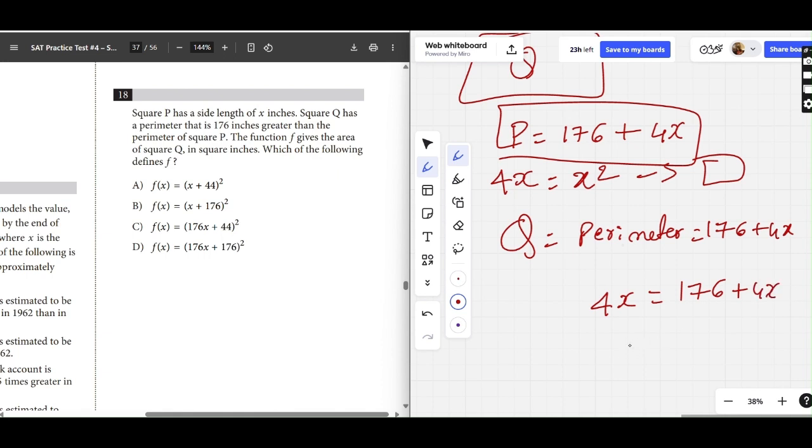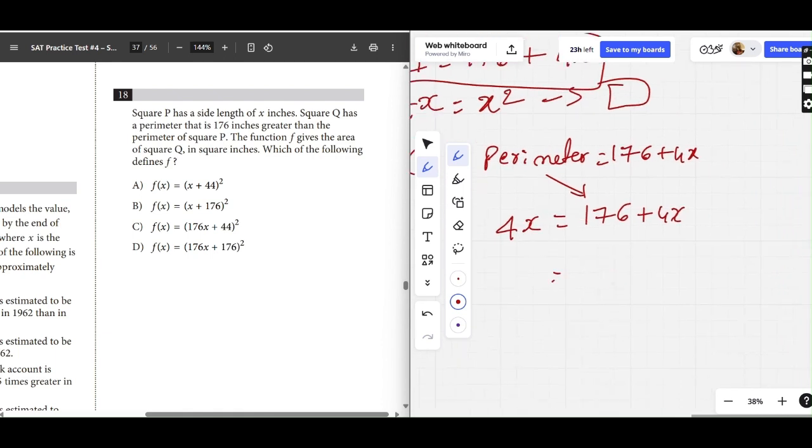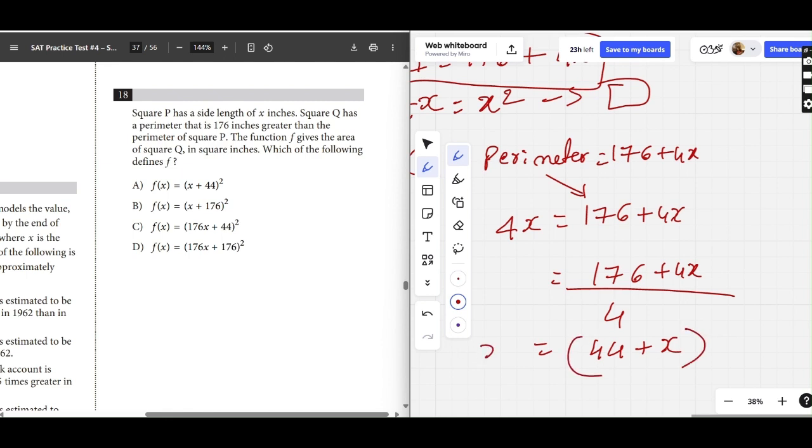And yeah, let's keep this in mind. If this is the entire perimeter, then what is the value of one side? Let's divide it by 4. 176 plus 4x divided by 4. That's going to be 44 plus, dividing individually, x. Okay, so this is the individual side.